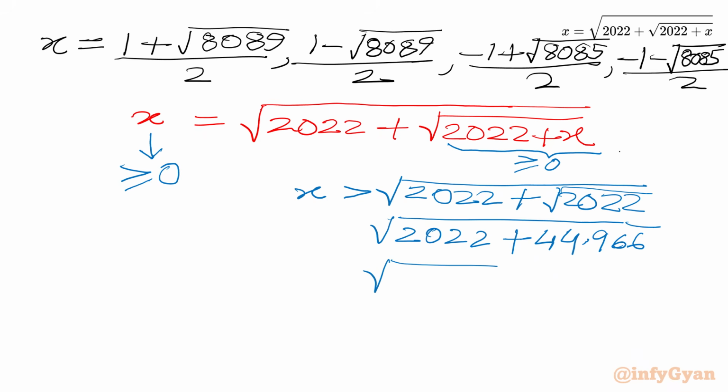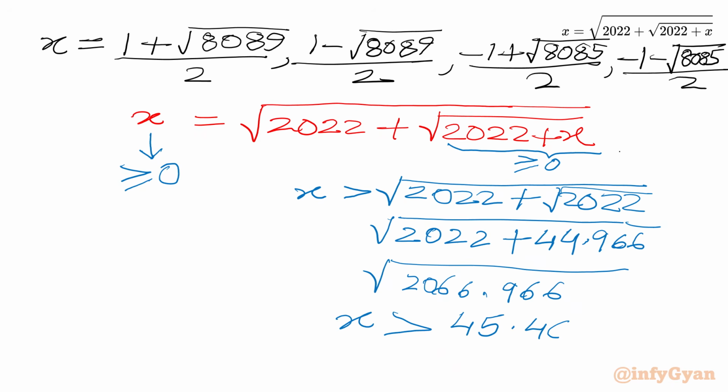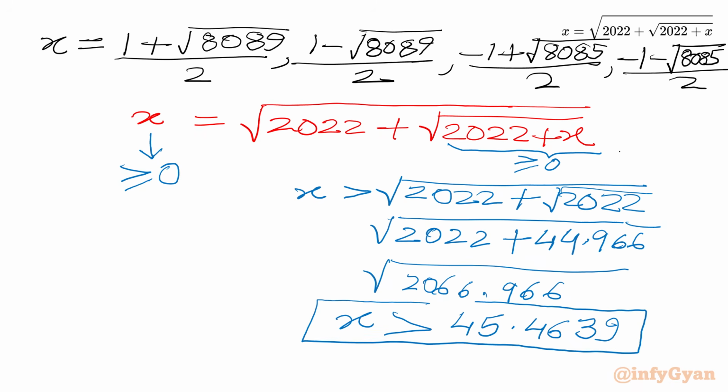Now we will add up these two numbers and get square root 2066.966, which will give us x should be greater than 45.4639. So our domain is not x greater than 0. It is x should be greater than 45.4639. Then only we will have real values of x.